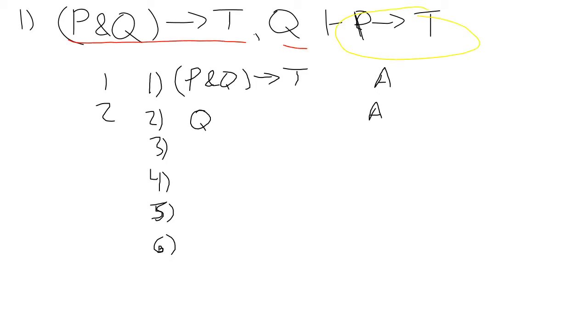So here are premises, then let's look at our conclusion. What's the main operator in this conclusion? Well, the main operator is the arrow. So I have two sides to the arrow.